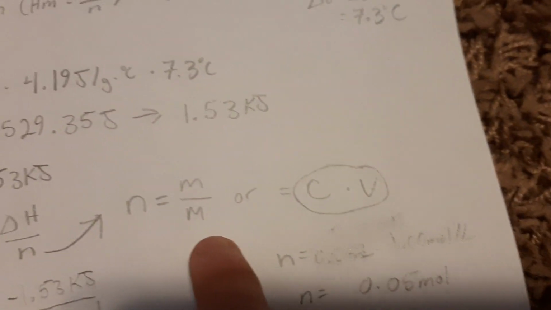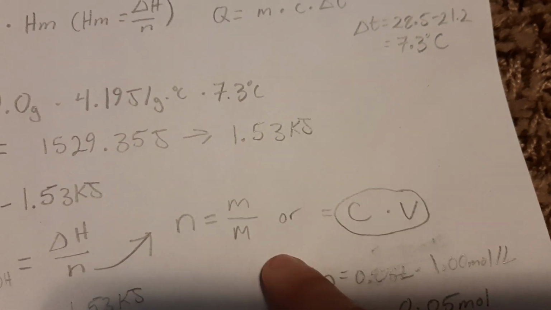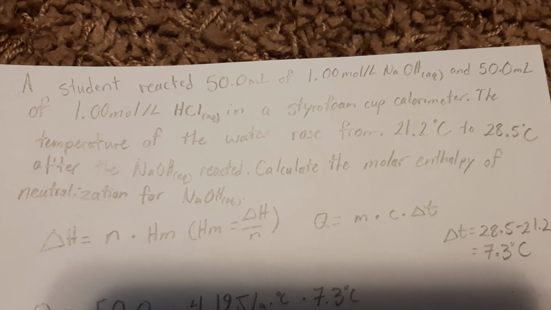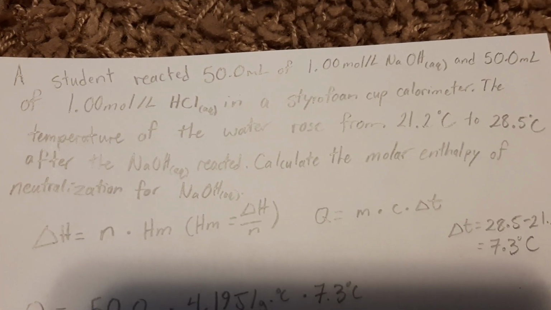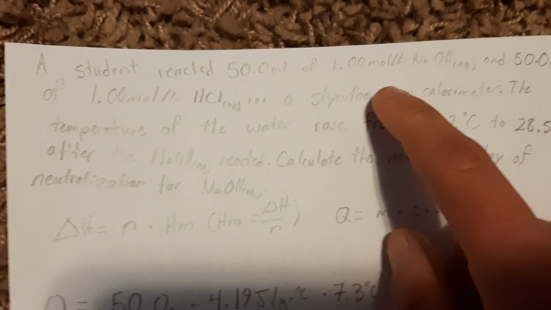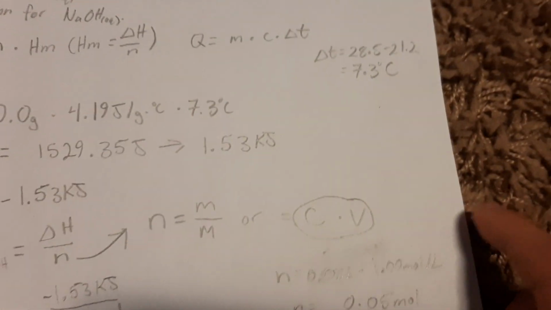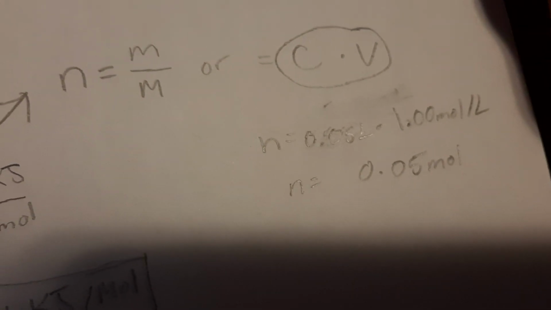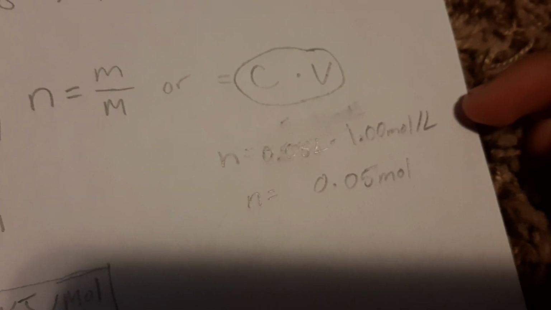There are 2 possibilities to search for n: either mass over molar mass or concentration times volume. In the question, there's no indication of a mass, so we won't be using that, but we do have concentration and we also have volume. So we're going to use that in our formula. We would have 50.0 milliliters times 1 mole per liter.